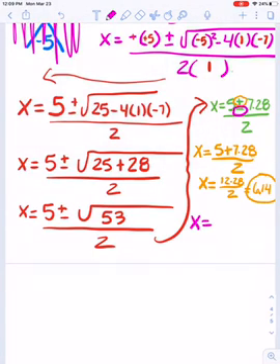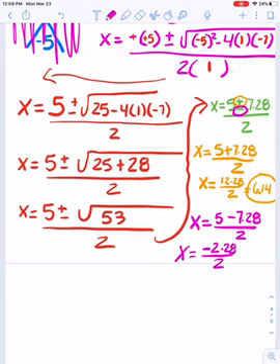Sweet. Lastly, I've got to find my last solution, so now I'm going to go ahead and subtract. So I get x equals now 5 minus 7.28 divided by 2. So when I subtract here, 5 minus 7.28, simplifying that numerator first, I'm going to get a -2.28. I'm going to divide that by 2.